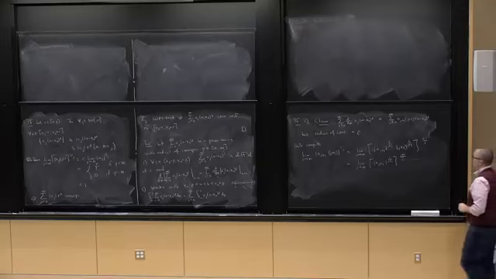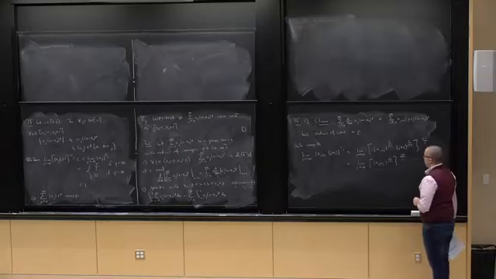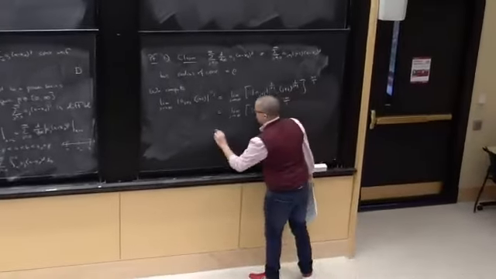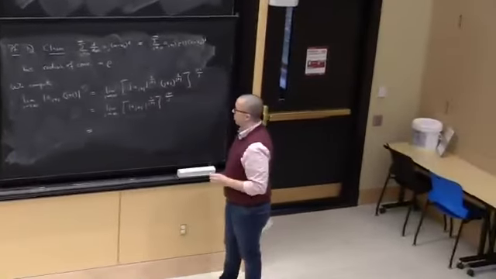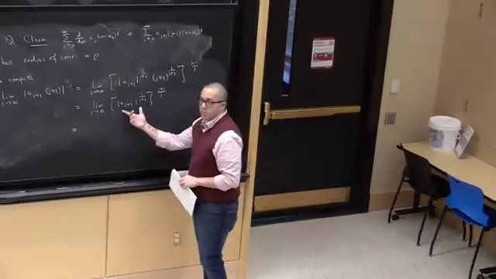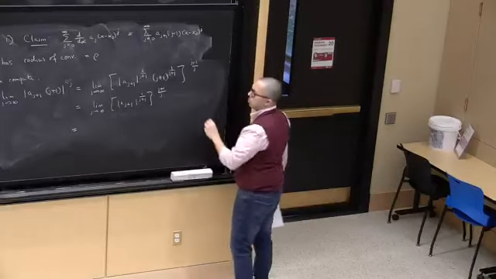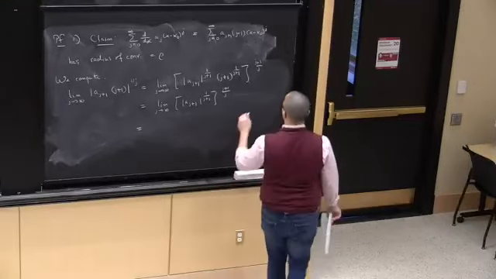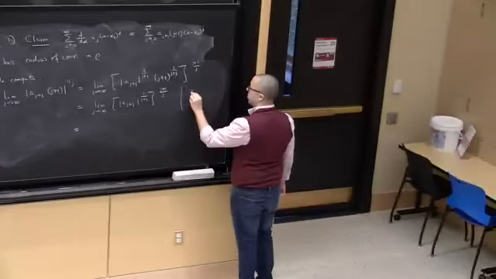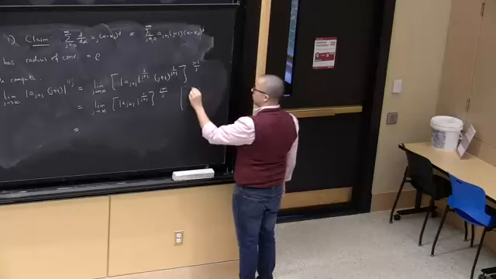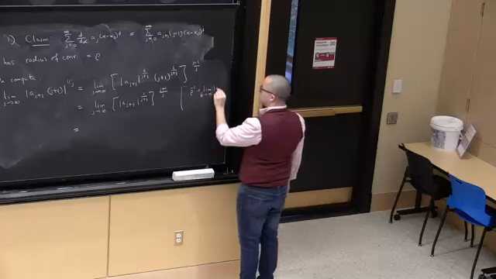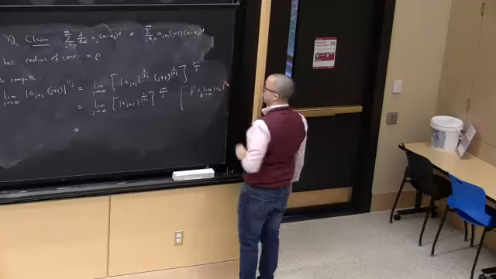Now, this thing also converges, and to what does it converge? Let me recall that the radius of convergence rho, with an inverse, is equal to the limit as k goes to infinity of a sub k to the 1 over k.